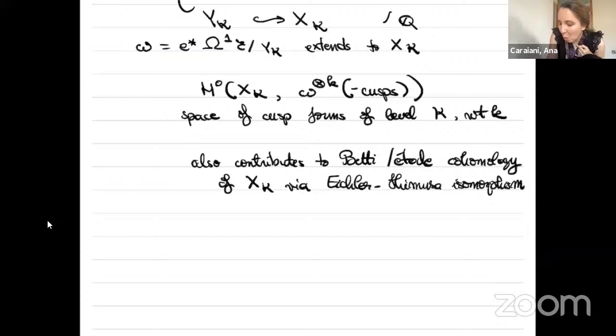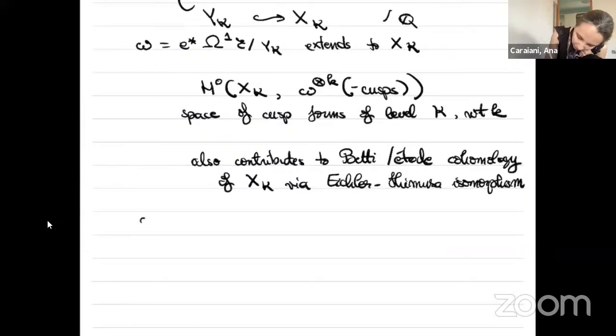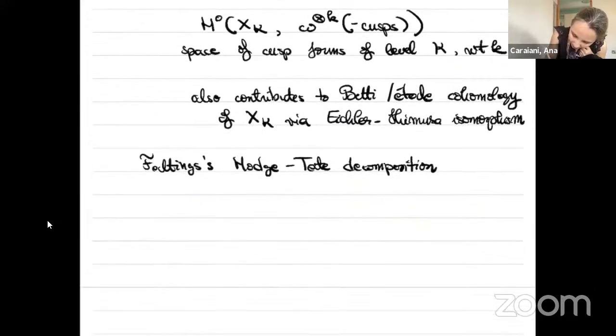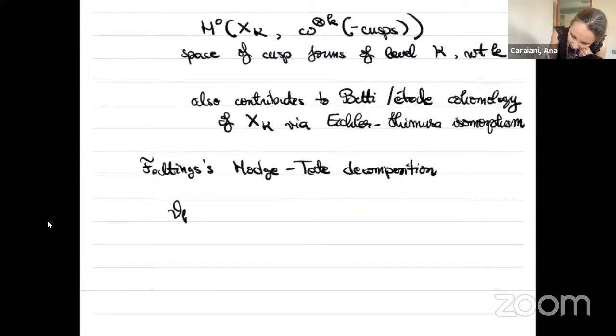If you think about étale cohomology, maybe the more natural way of comparing these is via, say, Faltings's Hodge-Tate decomposition. So here I'm going to take some k, and I'm going to define mu_k to be the k-th symmetric power of R^1 f_* of Z_p.